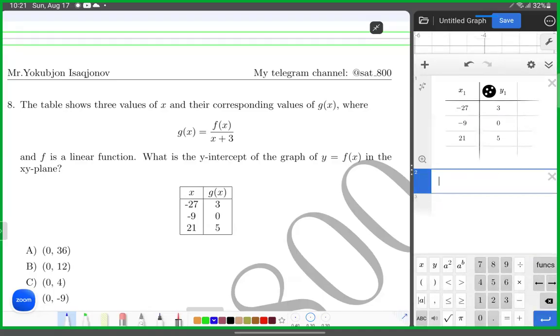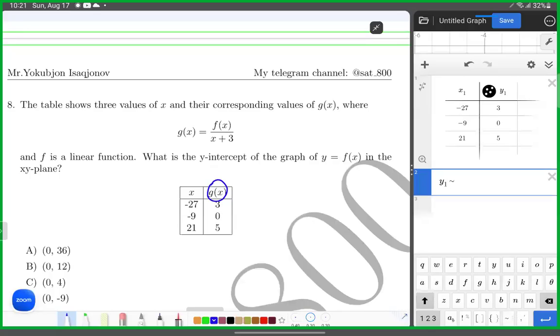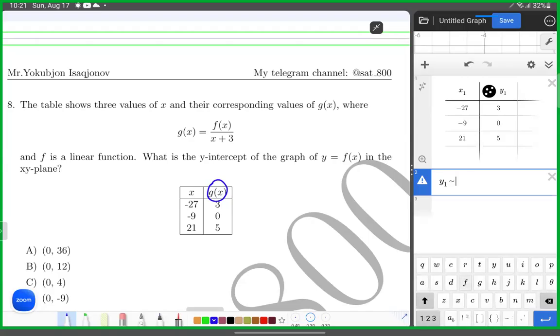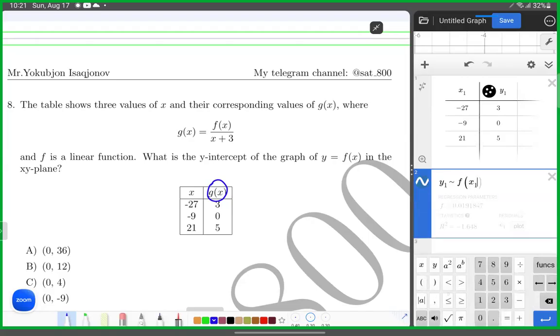Now here in our Desmos, y1, that's why I will write y1. Now it's equal to, I am using regression here from the table, f of x1 divided by x1 plus 3.